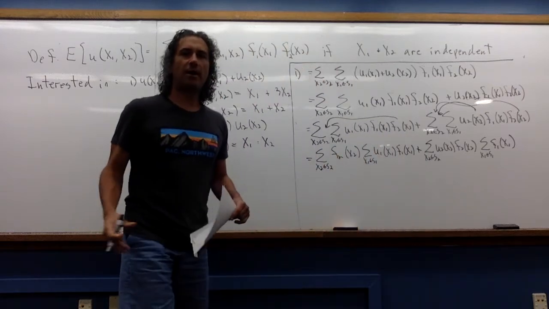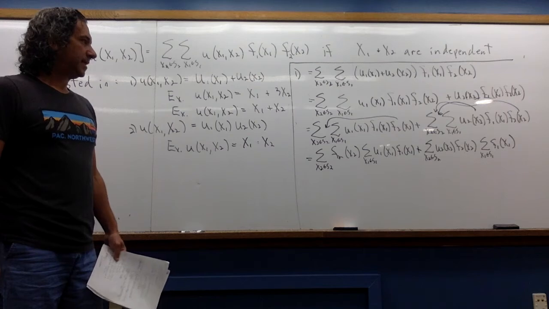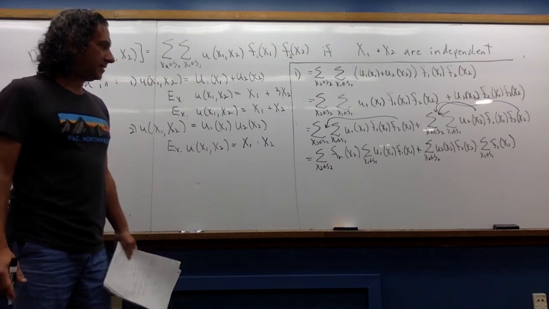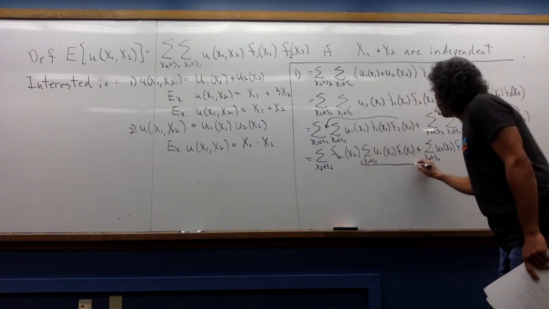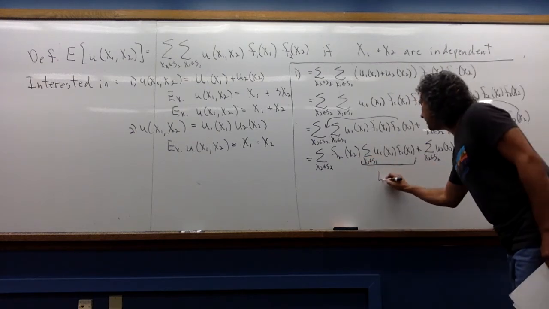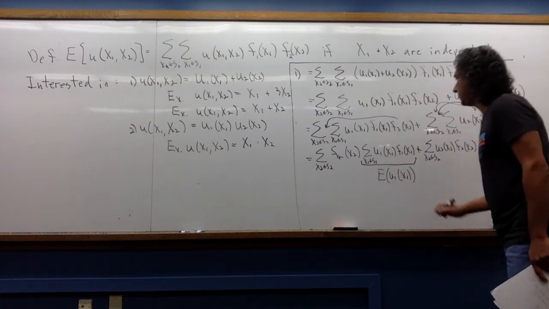So I just pulled out what was constant with respect to the thing that I was adding up. Well, let's look at this. This guy, by definition, is the expected value of u1 of x1.